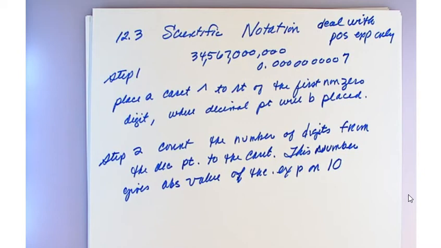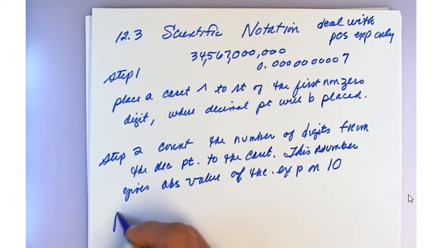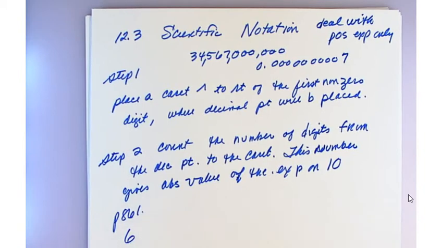But let me give you an example here. If we had a number like this, let me pick one out of the book here. I'm looking at something on page 861, and let's look at number 6 and see what they give us there. Number 6, we have 34,000, like that, and the question said, let us write this in scientific notation.